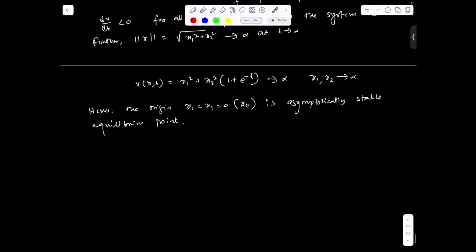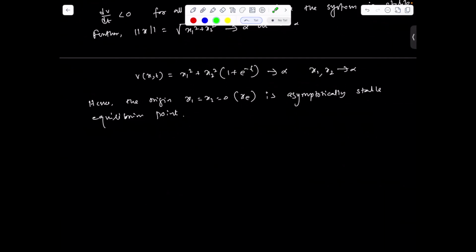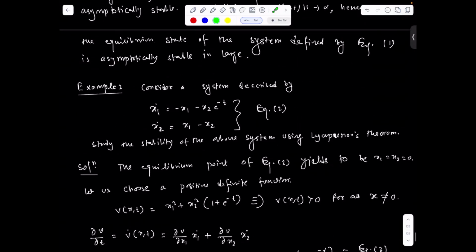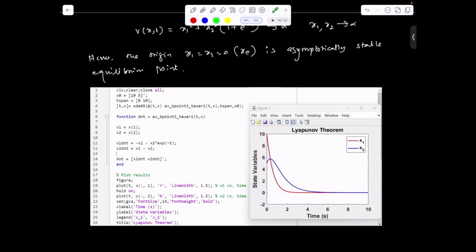Now we'll see the MATLAB code for this example, and we'll see whether the system goes to the equilibrium point, which is 0, 0 or not. So this is the MATLAB code for this example. We can notice that we have chosen 2 states.